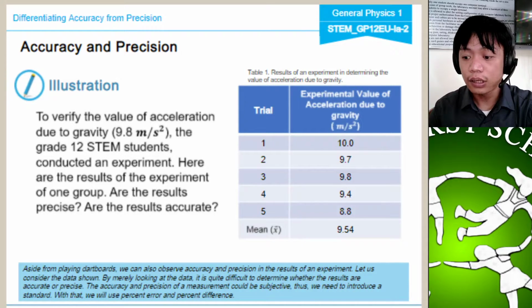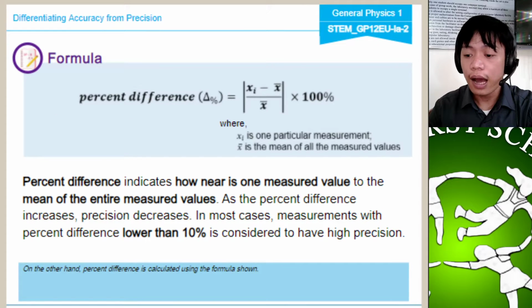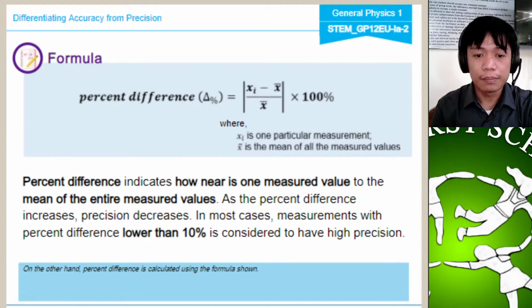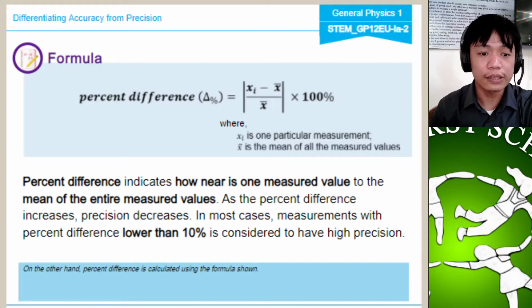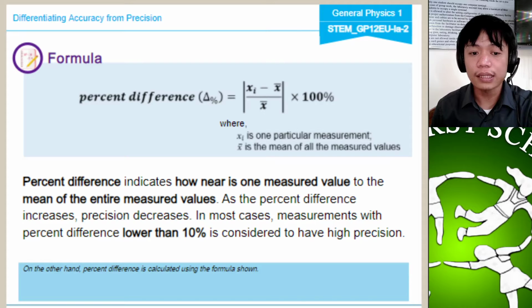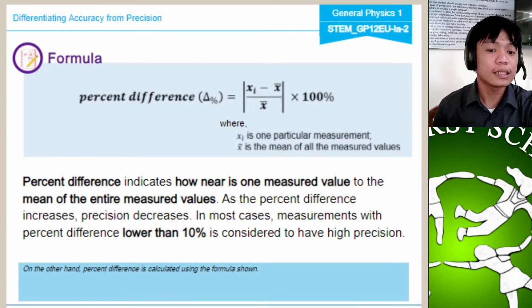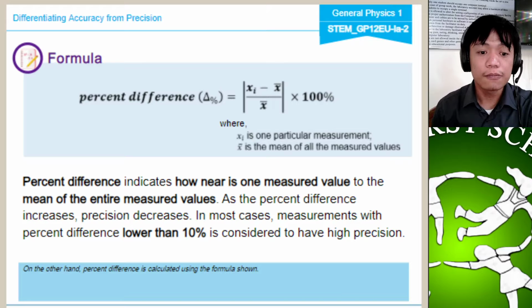Okay, now the formula in getting the percent difference. But before that, let's see what is percent difference. Percent difference indicates how near is one measured value to the mean of the entire measured values. As the percent difference increases, precision decreases.